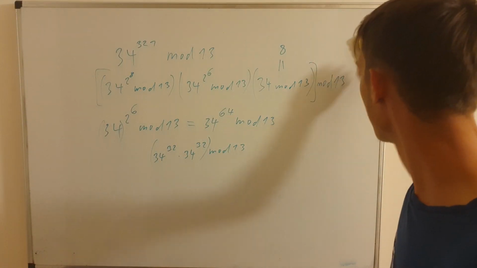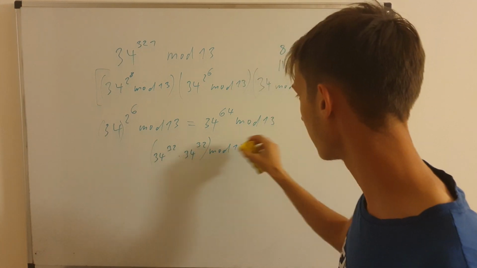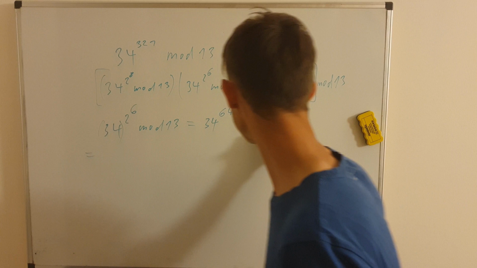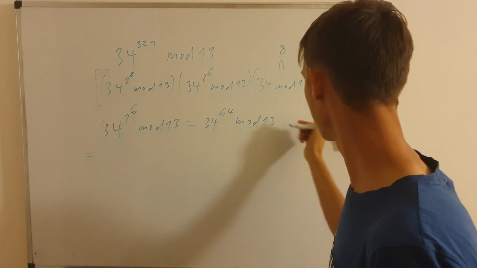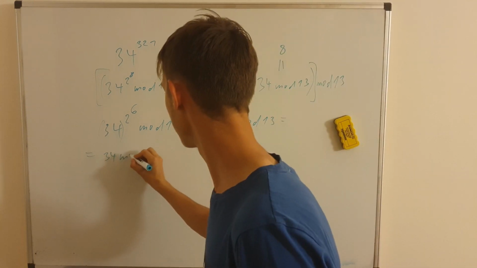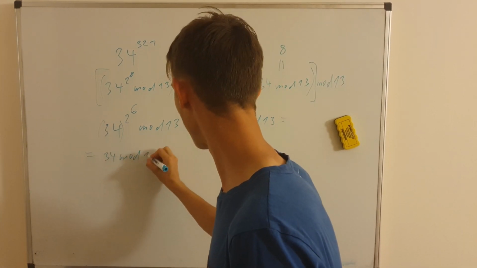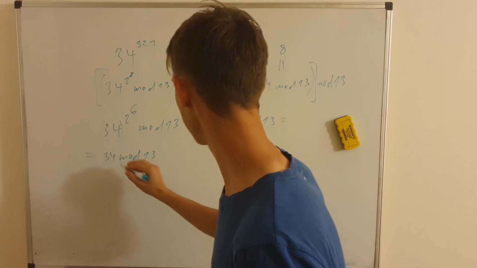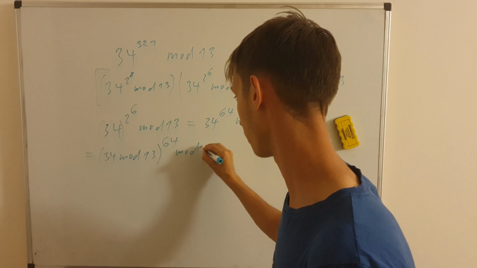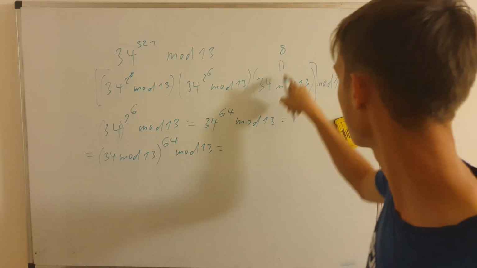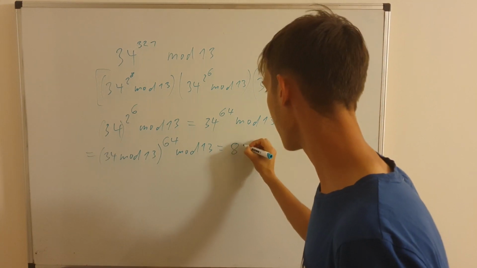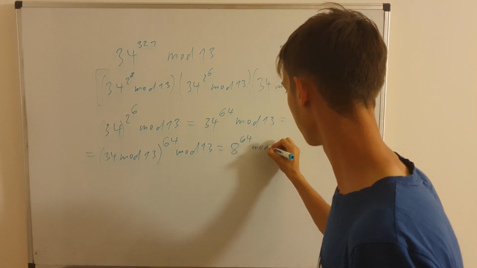So what I can do is say it is the same as, for example, 34 mod 13 on itself, and that to the 64 mod 13. First of all, I can do that, and I already know that 34 mod 13 is 8 from this one because here it was first degree already. So now we have 8 to the 64 mod 13.